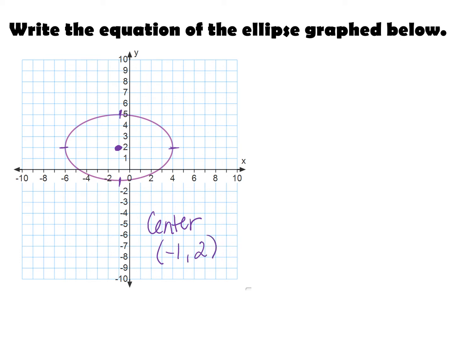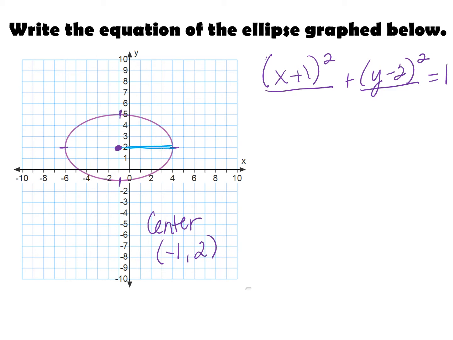And so I can go ahead and start that piece. Again, it's the opposite. So x plus 1 squared over, we'll fill that in a minute, plus y minus 2 squared over equals 1. And now we just need to figure out how long this major and minor axis are. So if I go from the center out to the outermost edge, I notice that that is 5 units long.